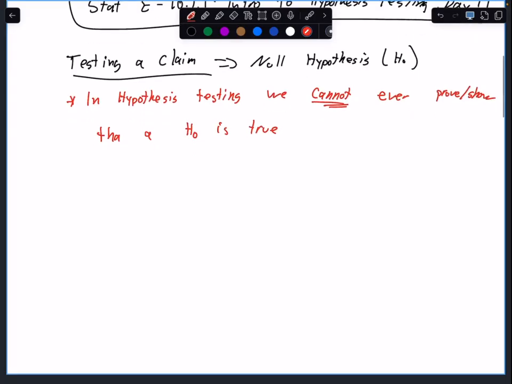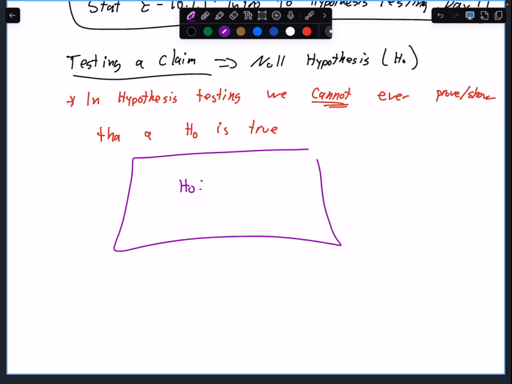Now, this null hypothesis in proportions, because we're talking about proportions here, is always written as p equals some p0. Remember from the previous unit, p0 is the hypothesized proportion.